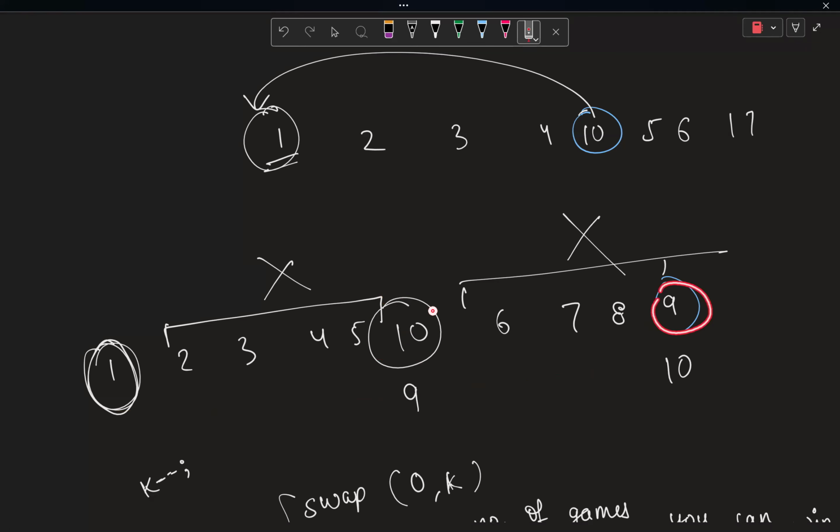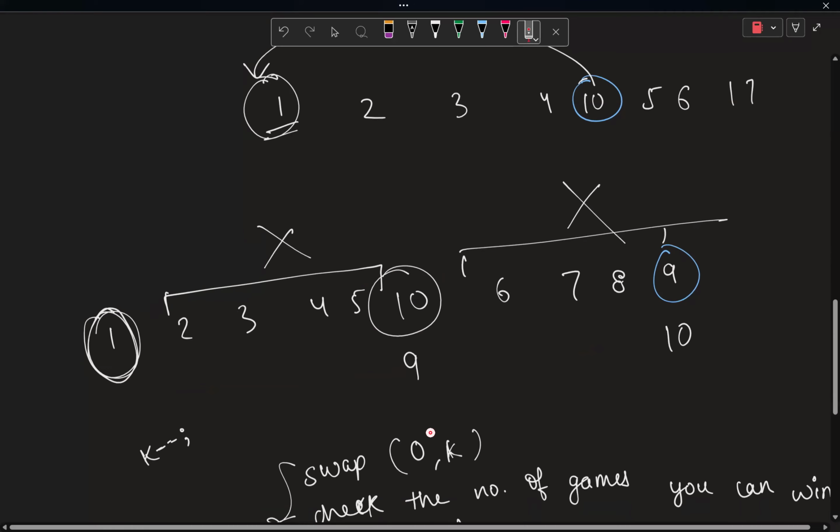So your first match would be against this cow, which is a sure shot defeat. You will just lose in your first battle itself, and you will have no profit, no benefit, right?